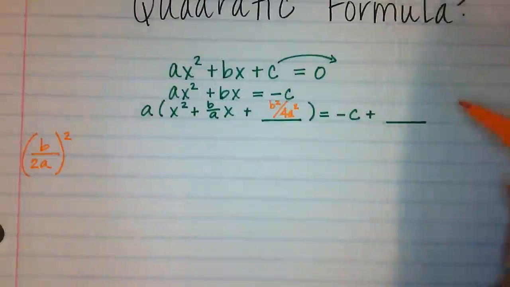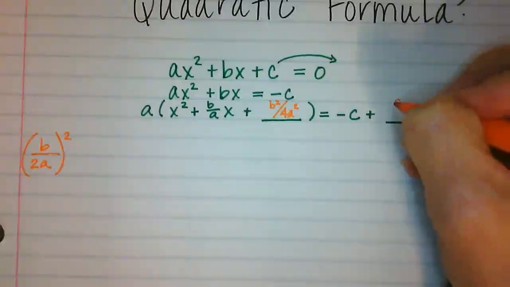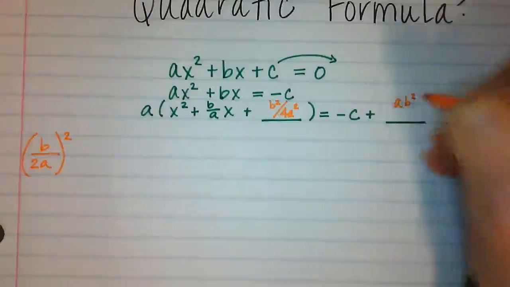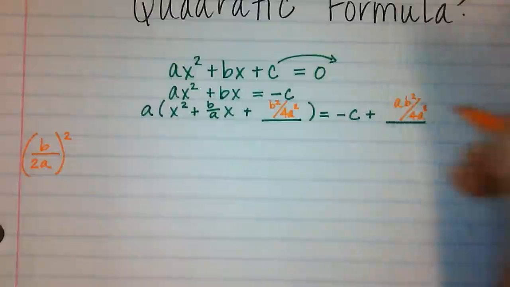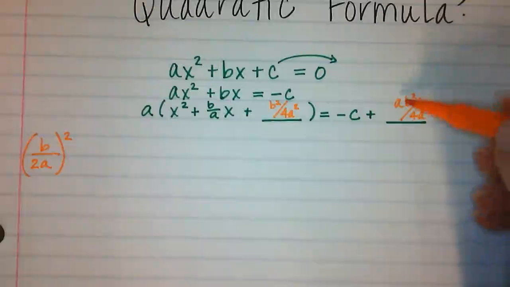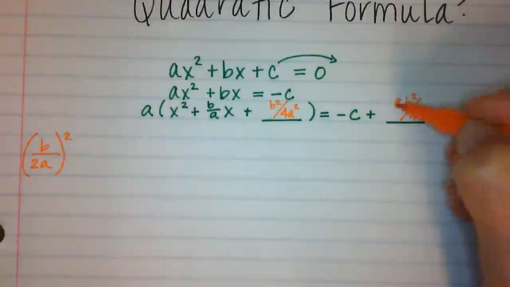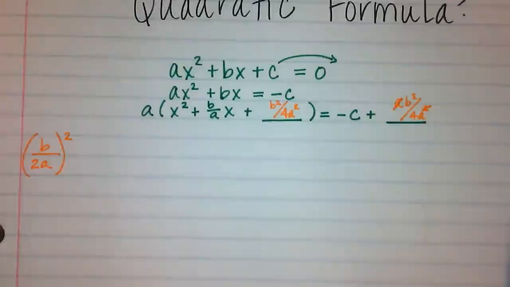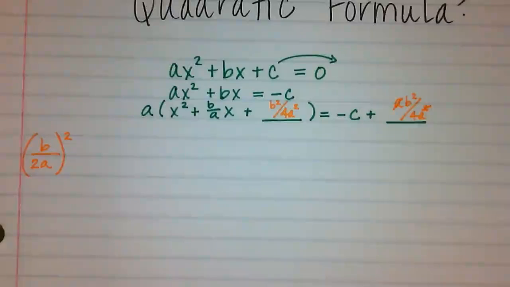So when I come over here on this side, I'm going to have ab squared over 4a squared. But the deal is that one of these a's can cancel with one of those, so really I can cross those off. What I'm adding to this side is b squared over 4a.